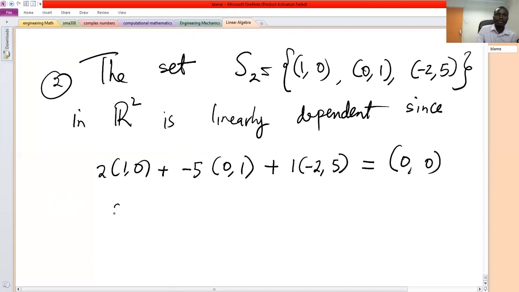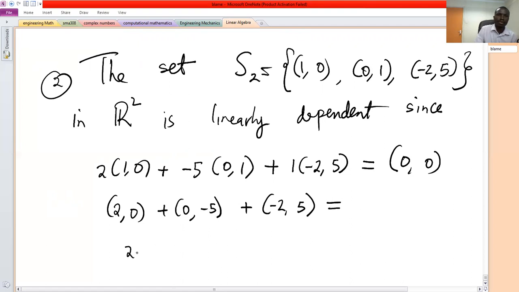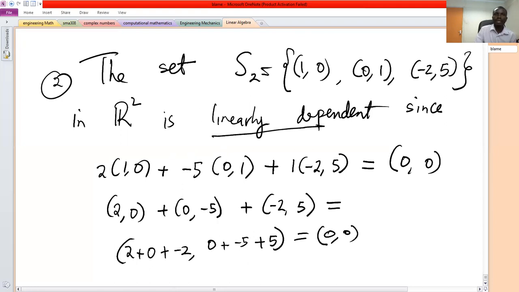You see, this would be (2, 0) plus (0, -5) plus (-2, 5). And this will be 2 plus 0 plus -2, 0 plus -5 plus 5. And indeed, you see this is (0, 0). So this set is linearly dependent because these Cis are all non-zero.